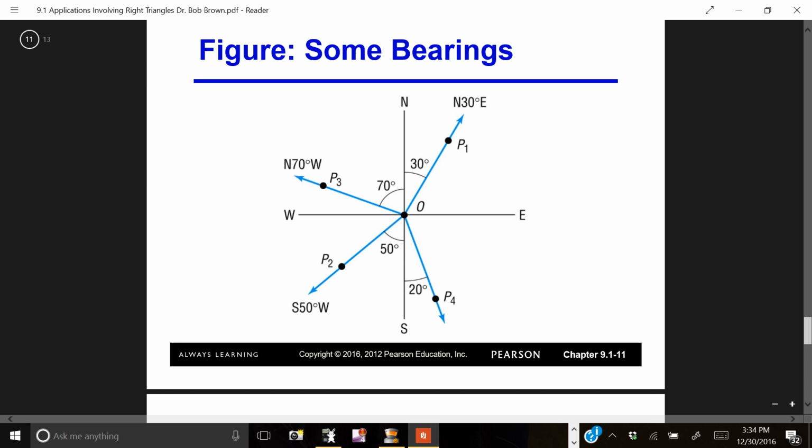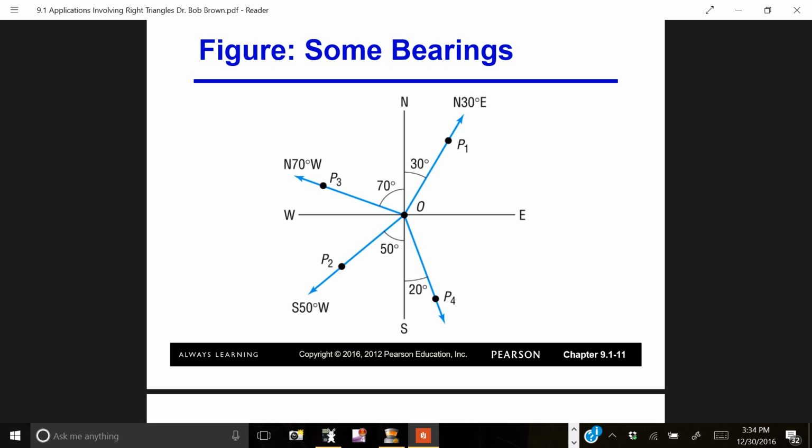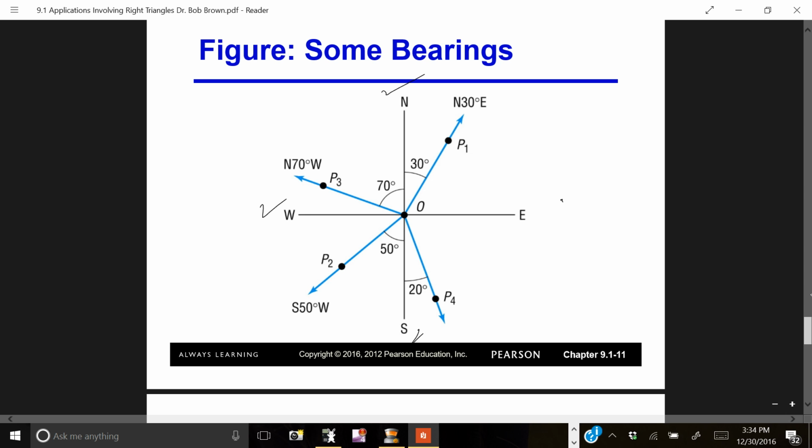Now we're going to look at some ways we describe angles when we're talking about going in various directions around the earth. Looking at your directions of north, south, west, and east.